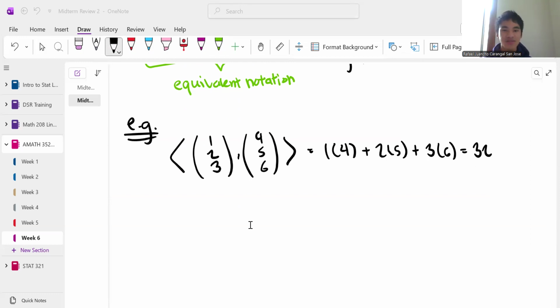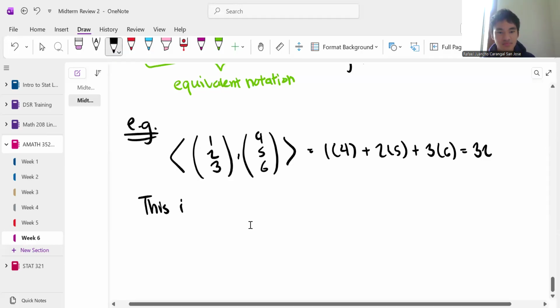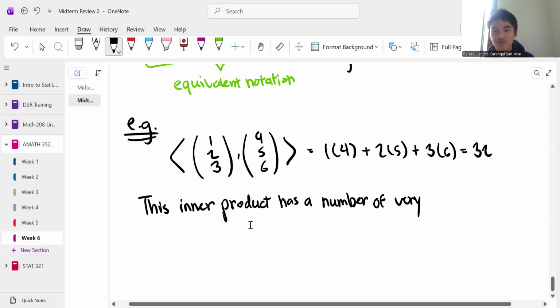How do we actually interpret this? This one I haven't really touched up too much in my Calculus 3 class. But apparently there are some useful properties here that I haven't discovered yet. That number 32 is actually very meaningful.